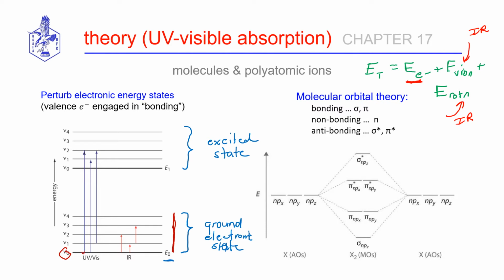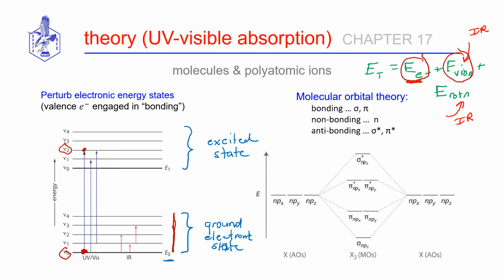We started here at a vibrational state of 0, and up here we end up with a vibrational state of the second, more highly energetic state. So you're getting a simultaneous change in the electronic energy state as well as the vibrational energy state.